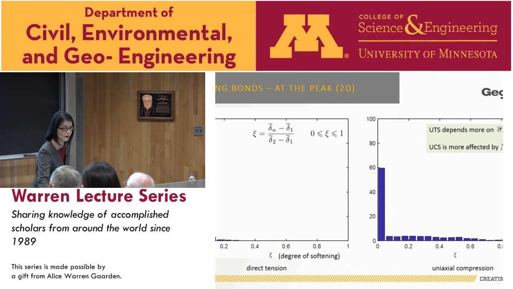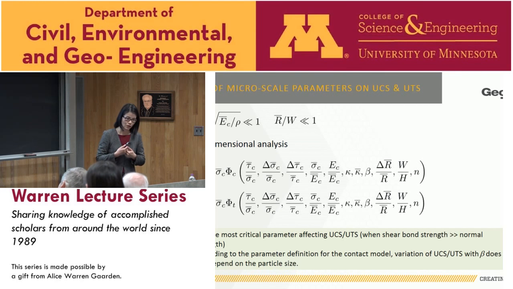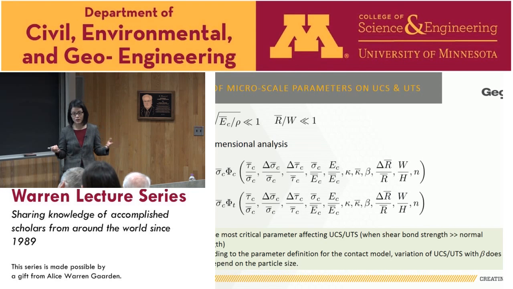So I hope I've convinced you that by implementing a softening law, you can interestingly have realistic behaviors of rocks. Now the question is, we have this parameter beta. From the point of view of numerical simulation, everybody knows the calibration of material parameters is quite messy.